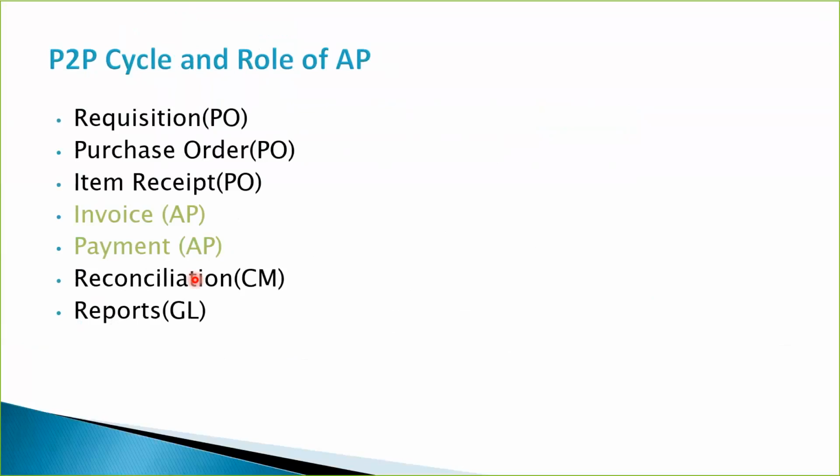So what we can see right now on the screen are the steps in the P2P cycle, where the first step can be a requisition. Maybe a requisition can be raised if within the company they need to restock something. Maybe they've run out of office supplies, so they raise a requisition. And then once the requisition is approved, they can do a purchase order, which they will send to a particular vendor.